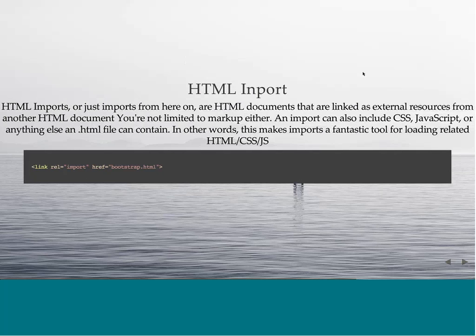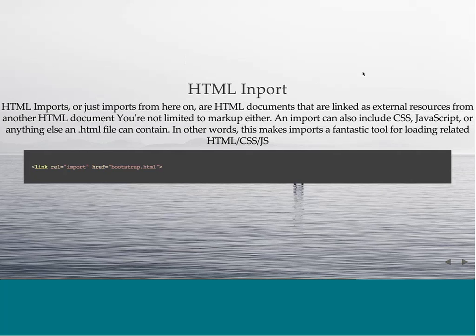And the last part is HTML import. What HTML import is, is the link, and basically being able to import a full HTML page from an external link. It goes beyond just markup though, is you can also import the CSS and JavaScript with it at the exact same time. So what this does for you is envision Bootstrap today.